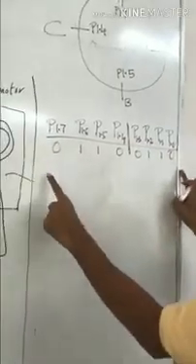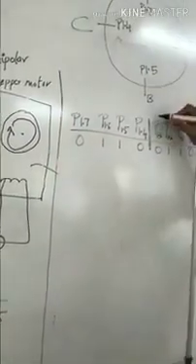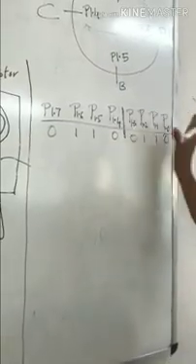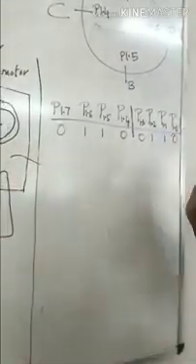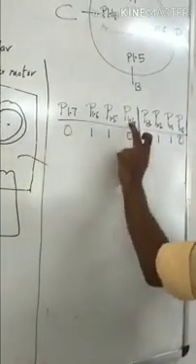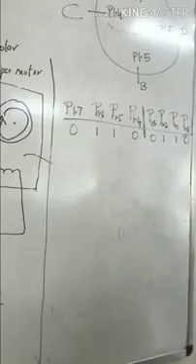So this is the value that we are trying to send. Whatever we send to P1.0 to P1.3 is not reaching the stepper motor. What is getting into the stepper motor is only P1.7 to P1.4, right?